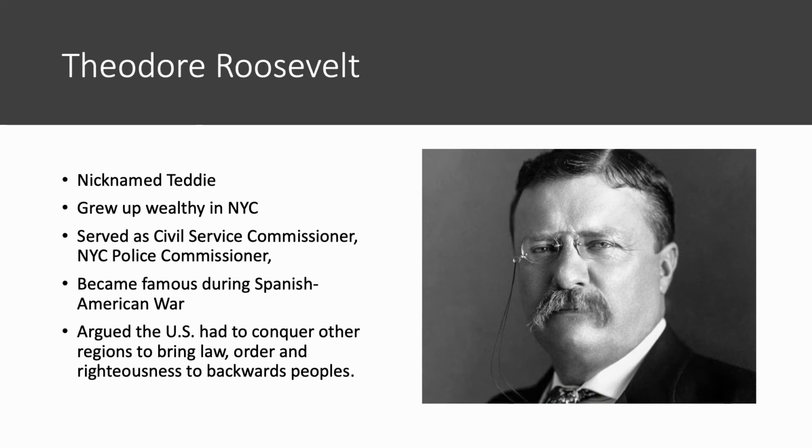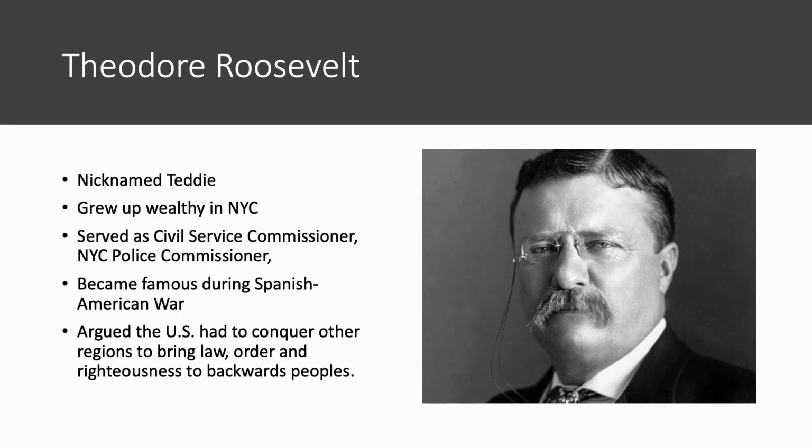So a little bit of background on Theodore Roosevelt. His nickname was Teddy. He grew up very wealthy in New York City. Some other positions that he held before becoming vice president, he served as the Civil Service Commissioner. He also served as the New York City Police Commissioner. Like I mentioned before, he became famous during the Spanish-American War as a member of the Rough Riders.